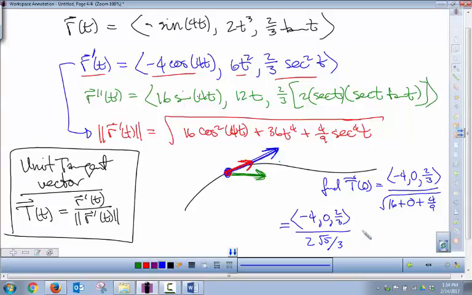So we can make this into one vector. Let's multiply it by the reciprocal. The 2 and the 4 cancel, giving -6 over √5. The 3 and the 2 cancel, giving 1 over √5. And if you take the magnitude of that, we should get 1, because it's supposed to be a unit vector.